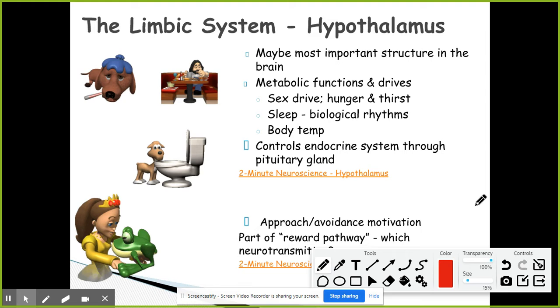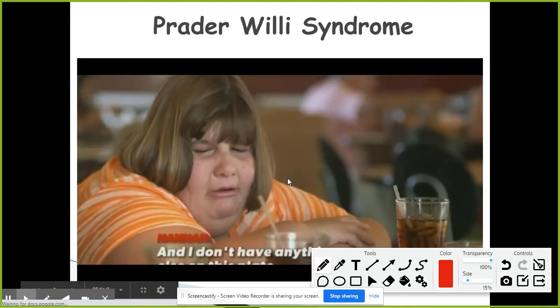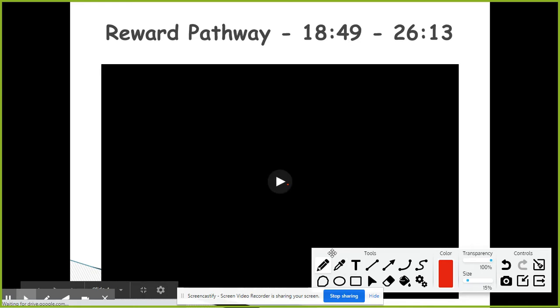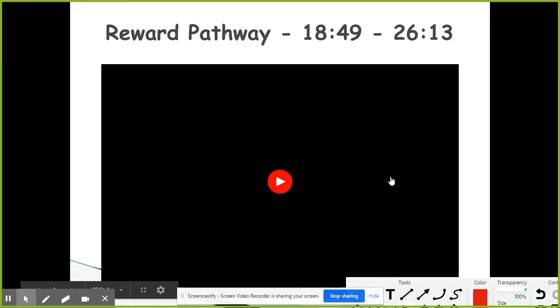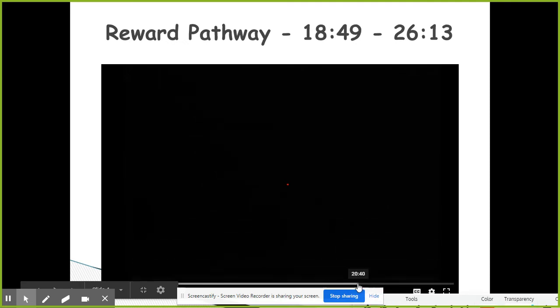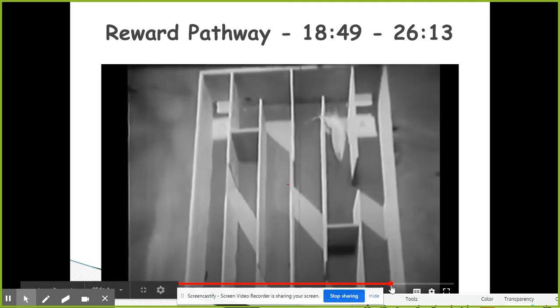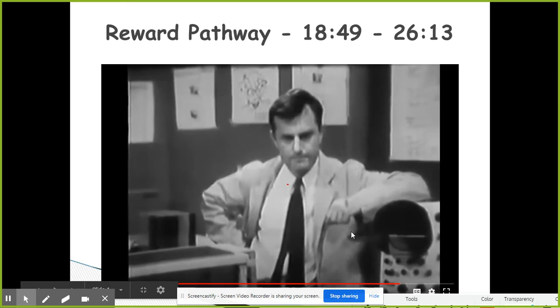I got one more quick video with this. All right. So, in terms of the reward pathway, here in this video, you're going to see they have hooked a rat up to an electrode that is in its reward pathway in the hypothalamus, and they've taught the rat to press a lever.